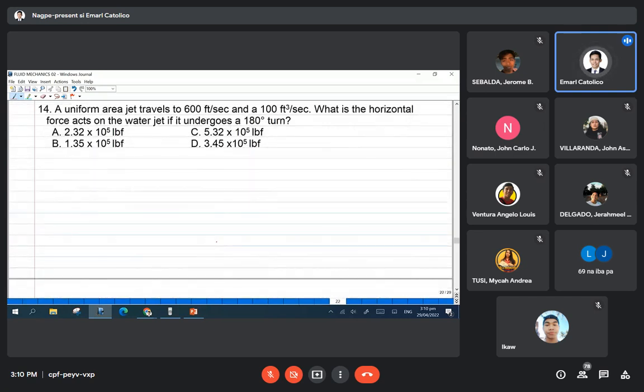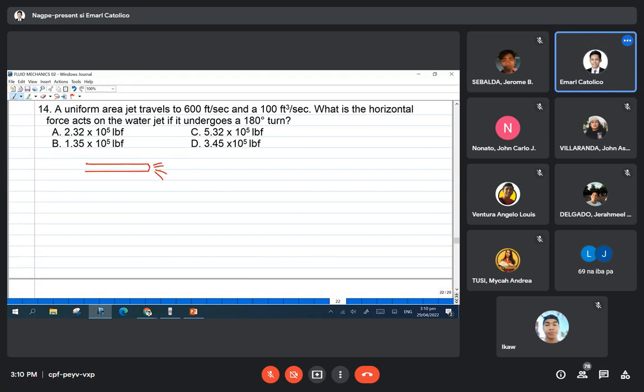The next, number 14. Number 14, a uniform area jet travels at 600 feet per second and 100 cubic feet per second. What is the horizontal force acts on the water jet if undergoes a 180 degree turn? So let's say meron tayong jet. Yan. Kasi ito yung jet natin.